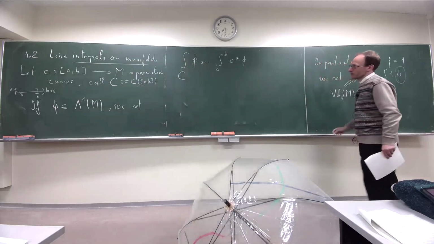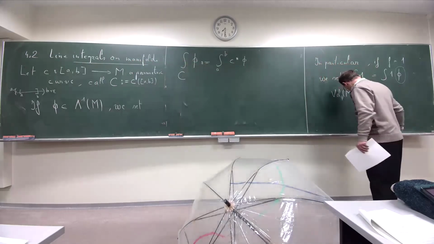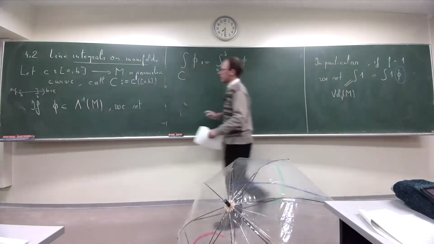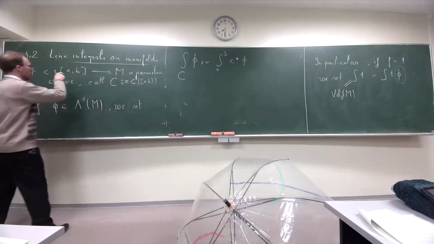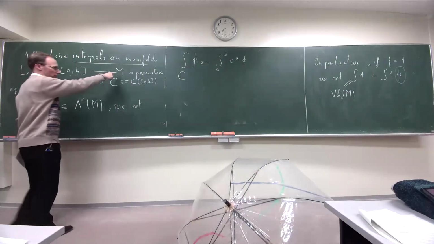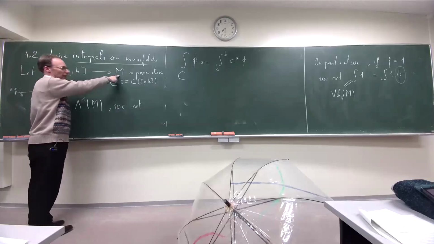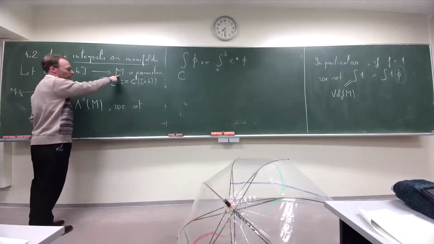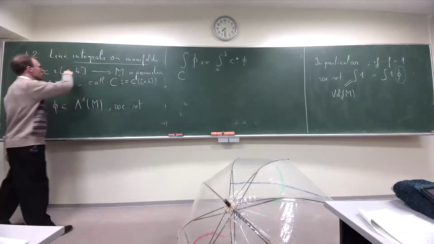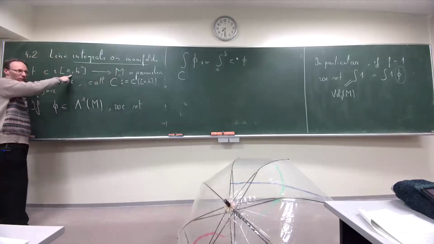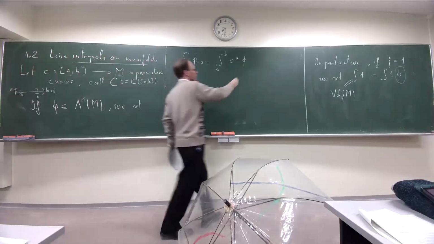Is it well defined? Yes. Why? Because C is going from this manifold to this one. So the star is going from the function on M to the function on AB. It means this is nothing.